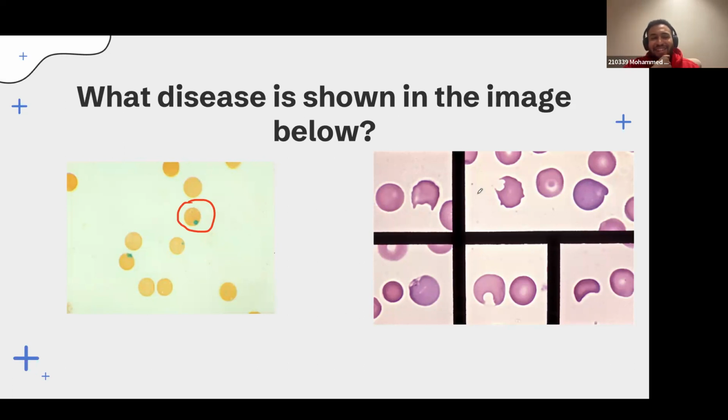Okay. What does G6P, glucose 6 phosphate, do? Okay. So if you guys remember, glucose 6 phosphate is important in the pentose phosphate pathway.